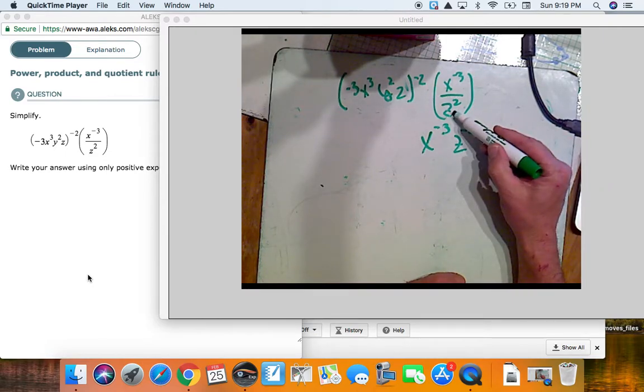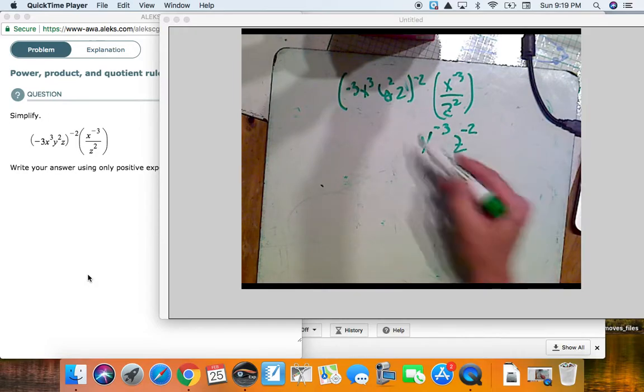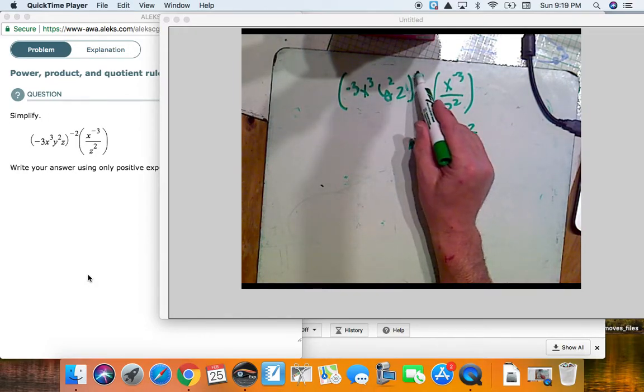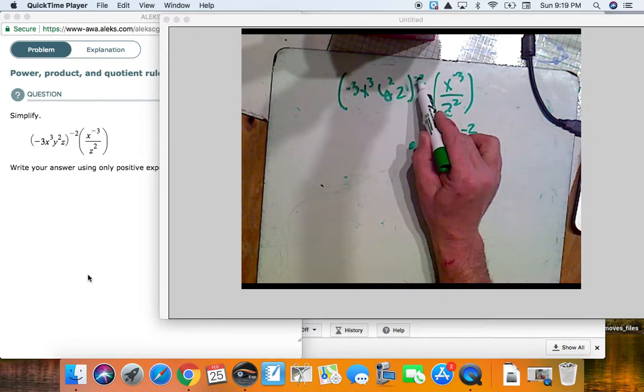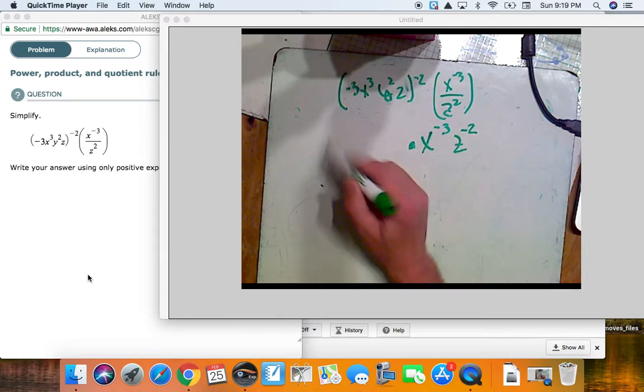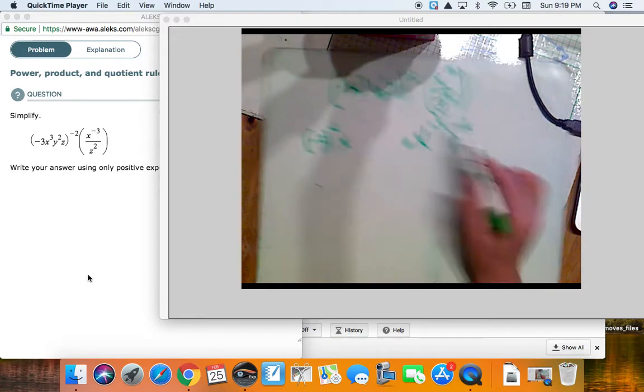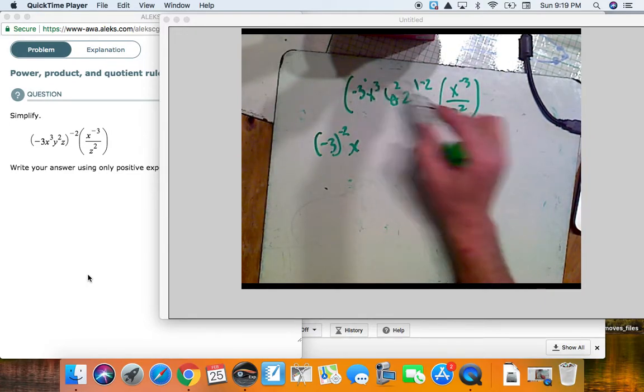So the first thing I'm going to do is make this z to the negative 2 so it's up on top. Now, in order to break this piece up, I need to apply this sign to all of these pieces in here. And remember, that's a 1, so I can multiply that.